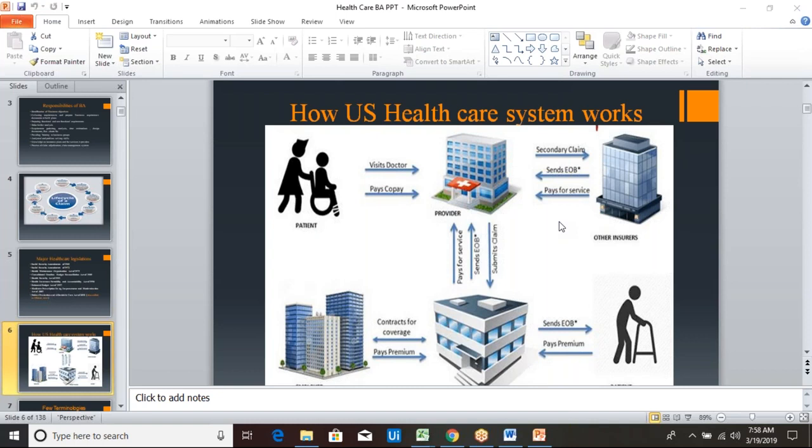The state governments manage this especially for low income groups and disabled children. These are the two major aspects. Again, within Medicare and Medicaid we have different variants, which will be explained later. So especially in the US, Medicare and Medicaid are the two kinds of services we have.